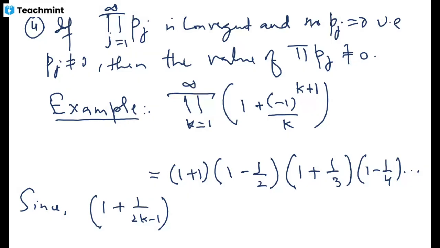And now if I take 1 plus 1 upon 2k, but then I have to take this to be minus, because this has to be minus.